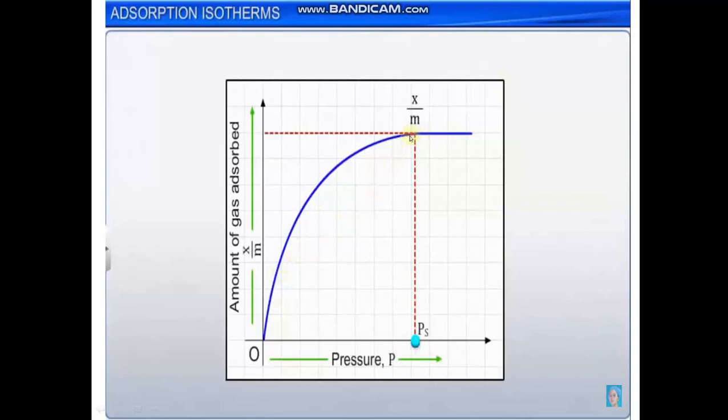At this point, though there is increase in pressure, there is no increase in adsorption. This point is the saturation level. This pressure is also known as pressure of saturation, and this basically occurs at high pressure. Clear?